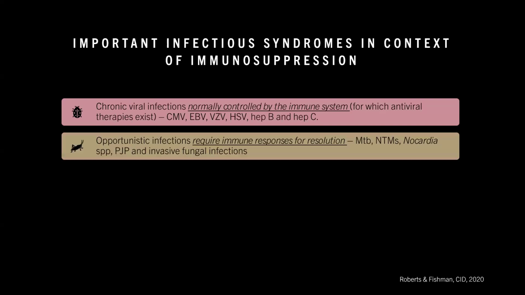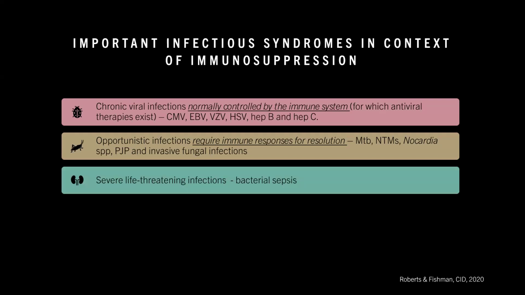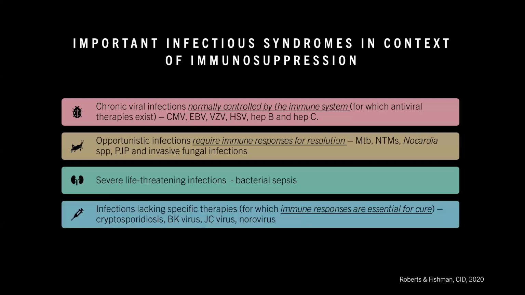Then you have other opportunistic infections, and these are infections that really require an immune system with an effective immune response for resolution. So this is things like TB, other mycobacteria, Nocardia, invasive fungal infections, and PJP as well. Another group of infections is kind of severe life-threatening infections that may involve bacterial sepsis typically.